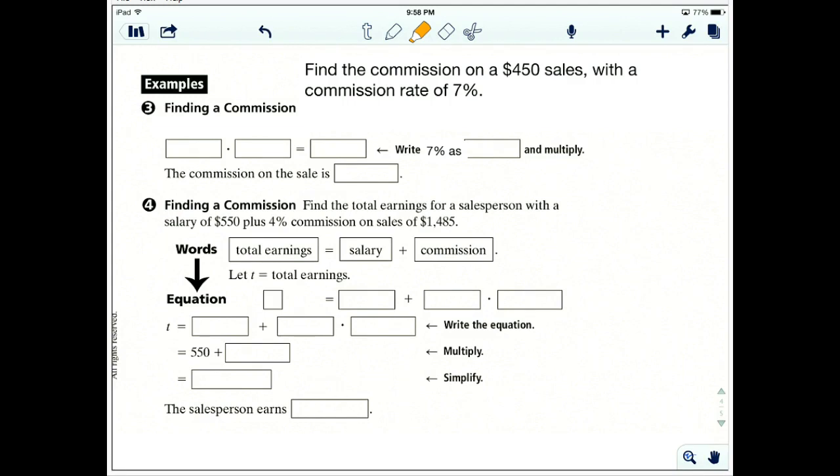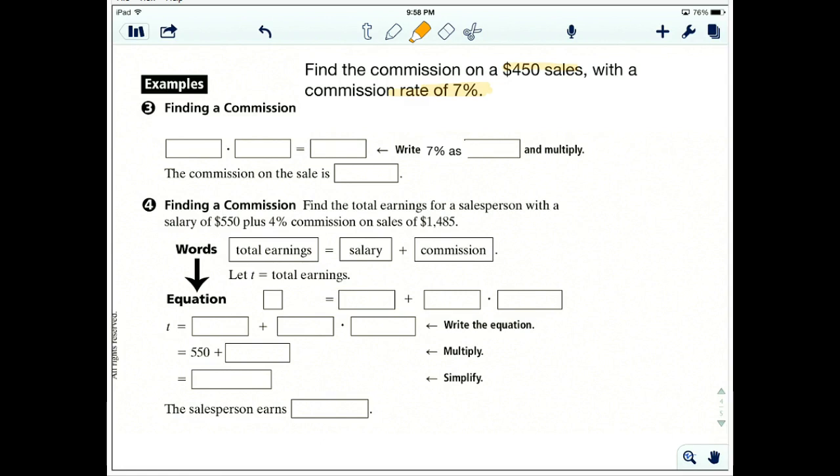So we sold $450. Basically, of those $450, a company, in order to give some sort of incentive for people to sell more, is going to give a percent of what you sold, whether it's jewelry, a car, whatever it is you're selling, back to the person who sold it. So that's going to be 7% that they're giving back.